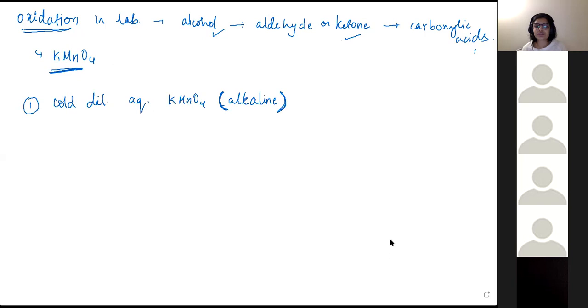But since we are sticking to cold dilute KMnO4, of a lower concentration, this is going to give you something called a diol. Diol means there'll be two alcohol groups, so you'll have two OH groups added. The reaction is going to proceed only to the alcohol stage.